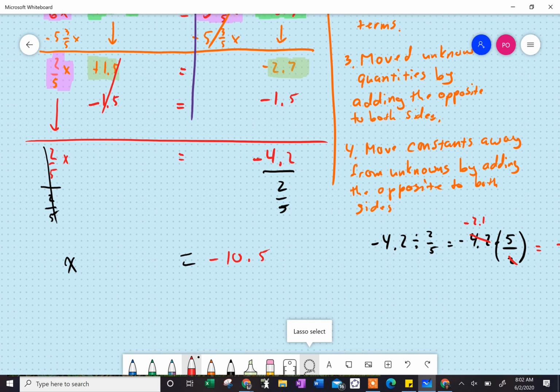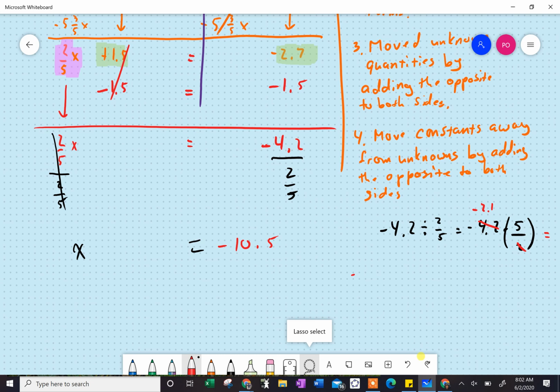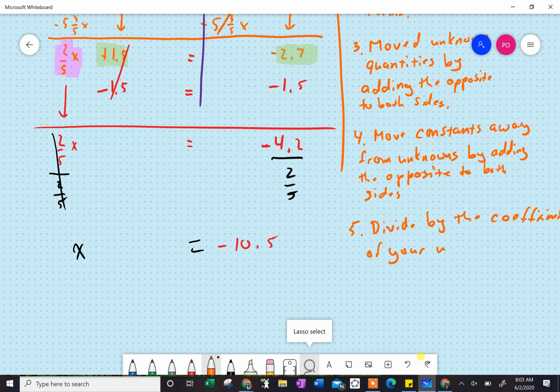And so number 5 is to divide by the coefficient of x, of your variable, your unknown. Remember, the coefficient is an adjective describing how many unknowns you have. And in this case, 2/5 of the unknown is equal to negative 4.2.